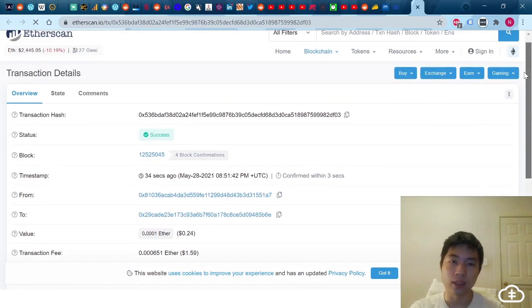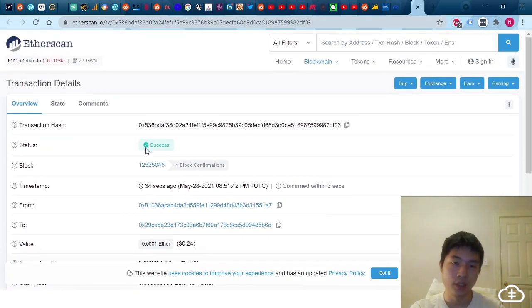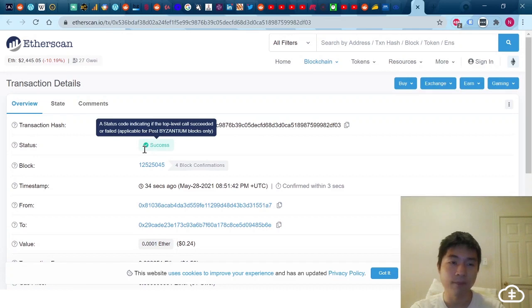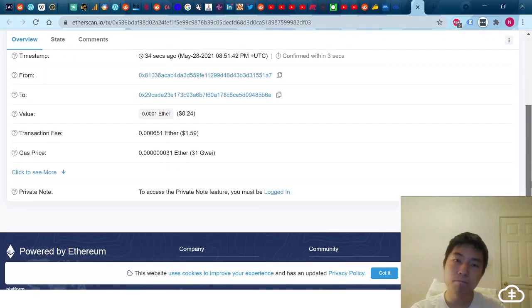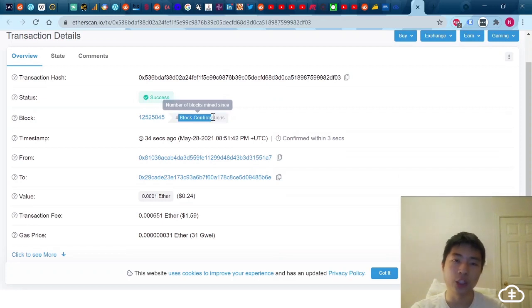And what you want to look out for is that it says success. If it says success, that means your transaction went through. The other person received your money and it's no longer reversible. You can't change it. Now the block is the block confirmation, which is a little more complicated to explain and not too necessary right now.